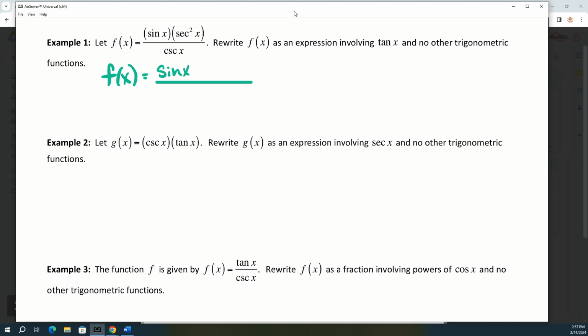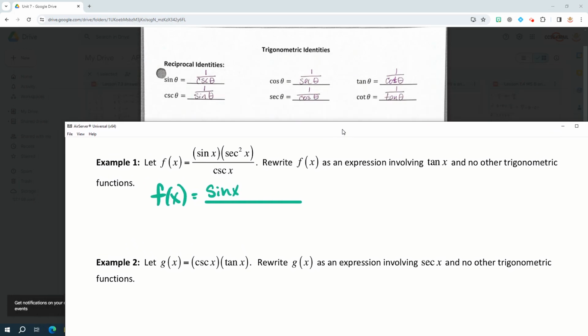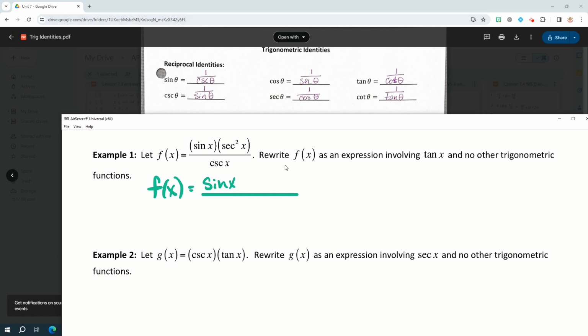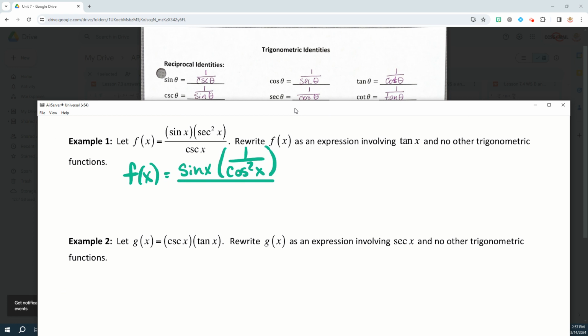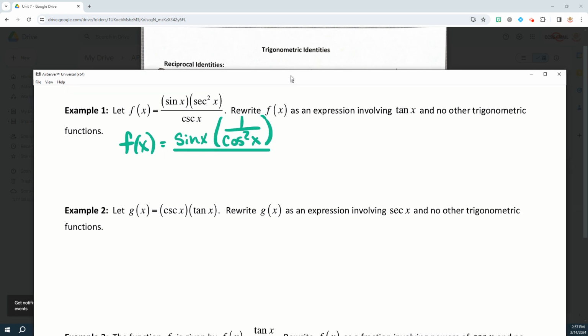But for secant squared, I can write secant of x as 1 over cosine of x, so secant squared of x is 1 over cosine squared of x. And cosecant of x, I can just write as 1 over sine of x.